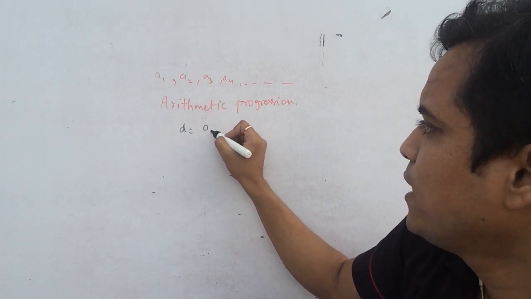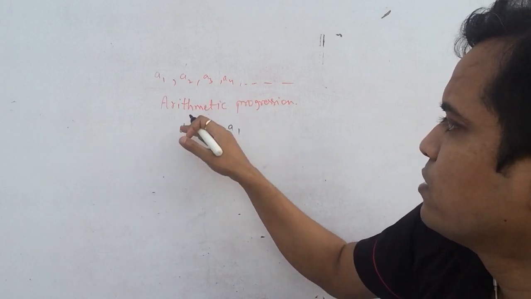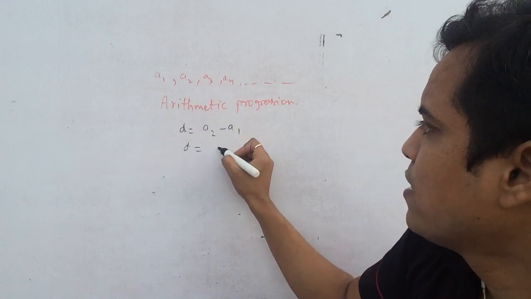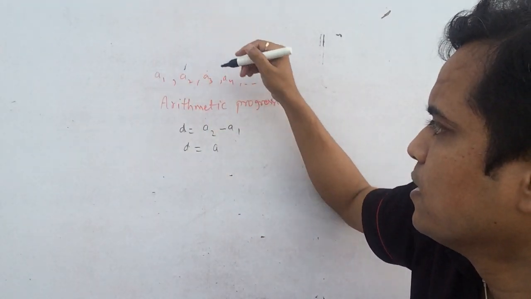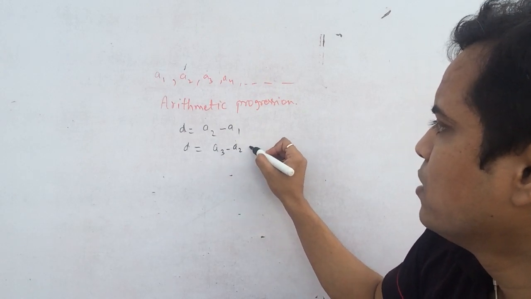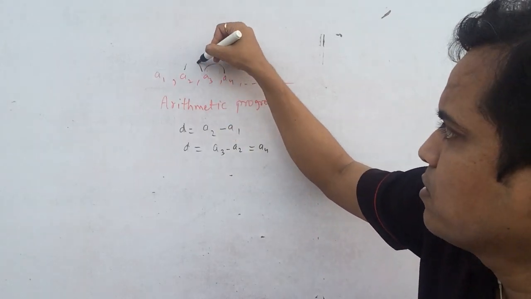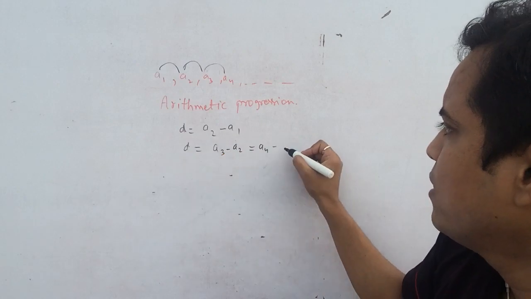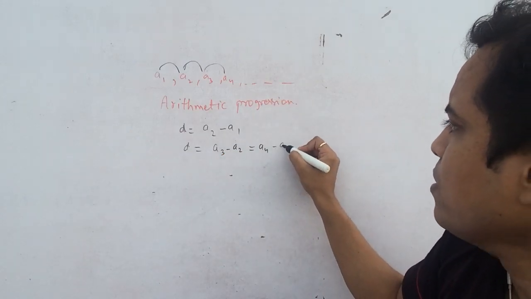So the difference between the term a2 and the preceding term, d, is equal to a3 minus a2, which is equal to a4 minus a3. The common difference is called d, and d is always the same in the case of arithmetic progression.